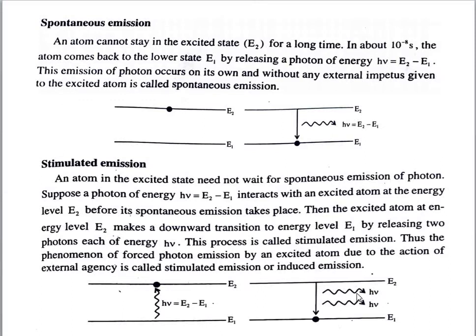After the excitation, the electron goes back to the ground state, and the energy coming from the external agent, h nu, so 2 h nu, is released during this process. Here this process takes place with the help of an external photon, and so it is called stimulated. Something stimulates this process, so it is called stimulated emission. Here the photon is emitted due to a stimulated process.